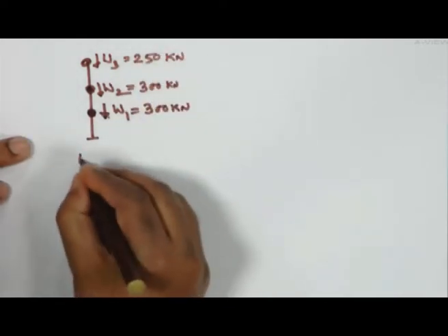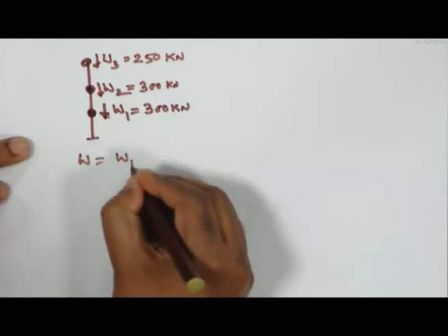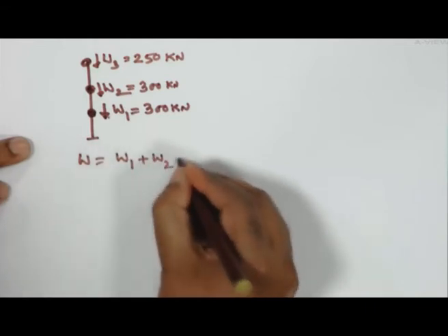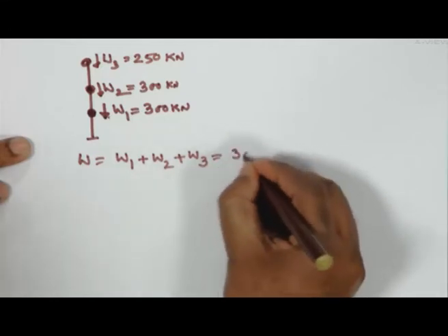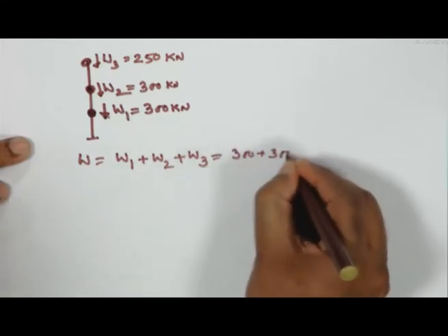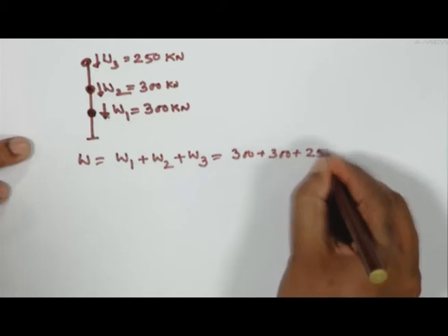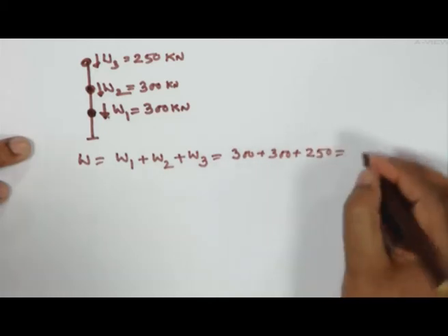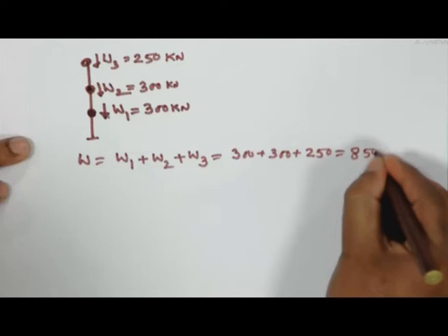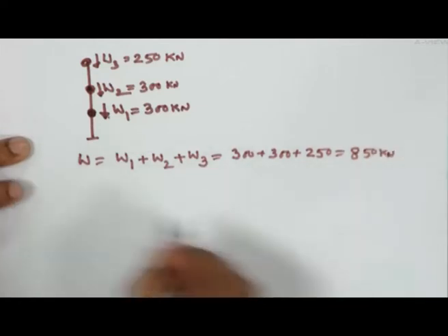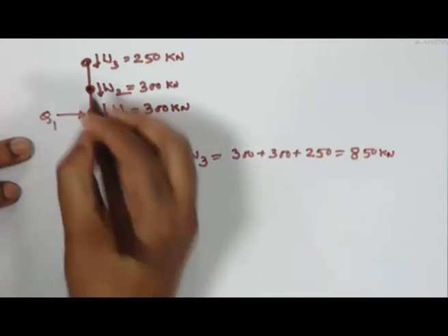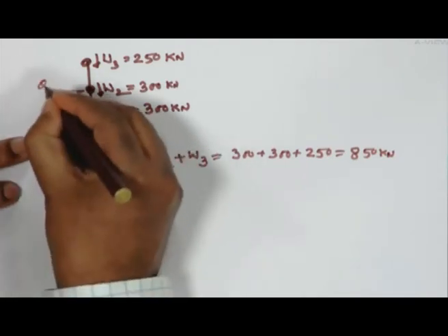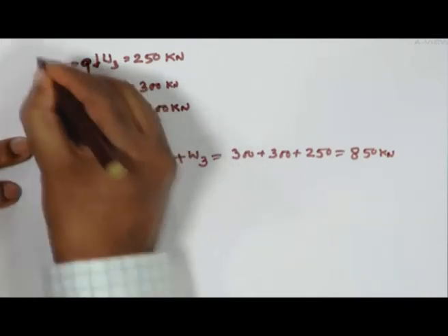So W equal to W1 plus W2 plus W3, which comes as 300 plus 300 plus 250 equal to 850 kilonewton. So I am interested to find out what is the value of Q1, what is the value of Q2 and what is the value of Q3.